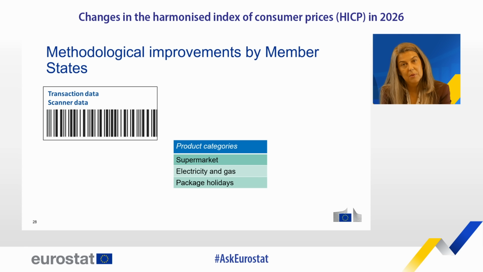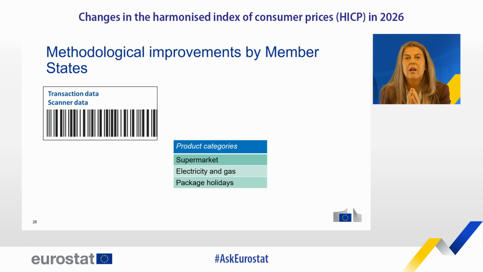For example, scanner data from the supermarkets. When you go to buy something in the supermarket, everything is scanned, the barcodes, and they send all this data to us, and we compile the inflation with that. Or you get all the rents data from the tax office or some register, or the electricity. Instead of having just some electricity bills, you have all the bills every month transmitted electronically, and you can work with that.